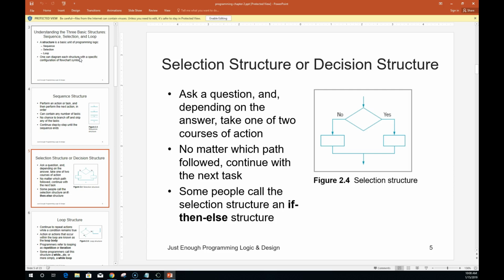So if a condition is true, something will happen. So if I look at my structure up there, I come in and I say, if my child's grades are not A's or B's, then yes, she is going to have a consequence. So we can ask yes or no questions.